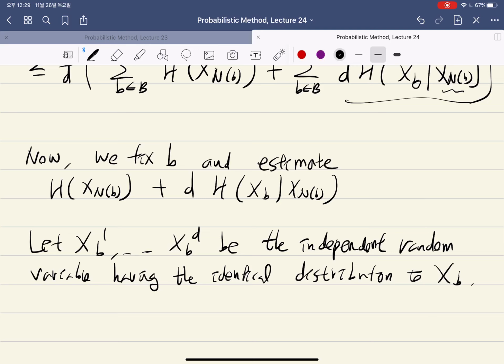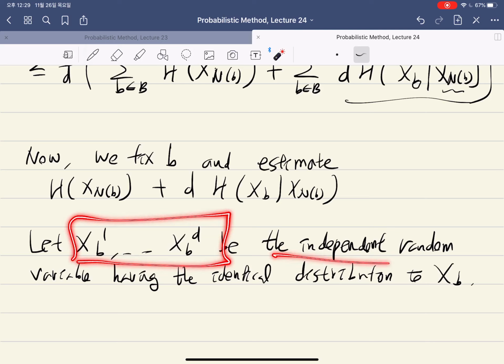Of course, this X_P is dependent on X. But we consider the other distributions which are independent, and these are also independent from X.